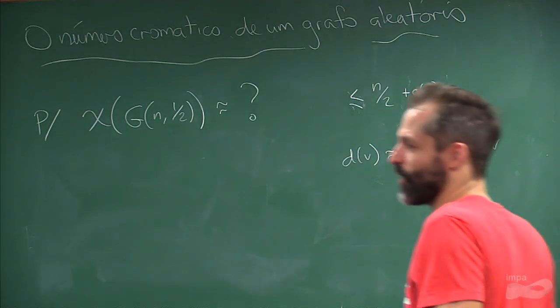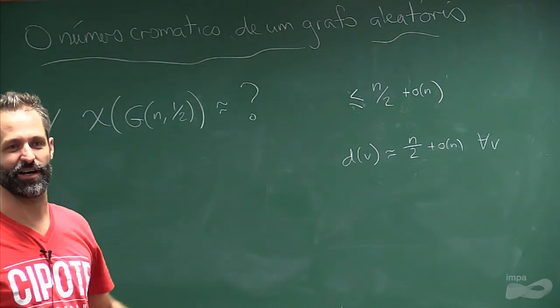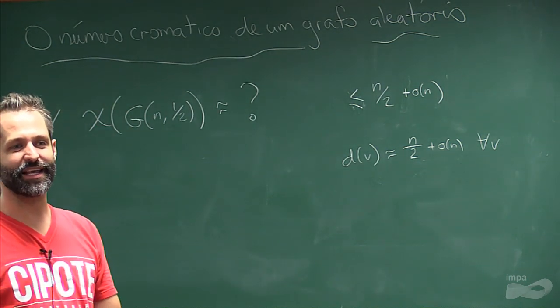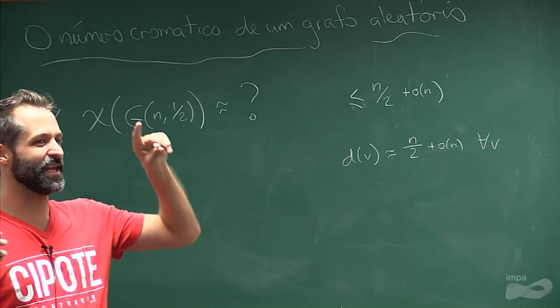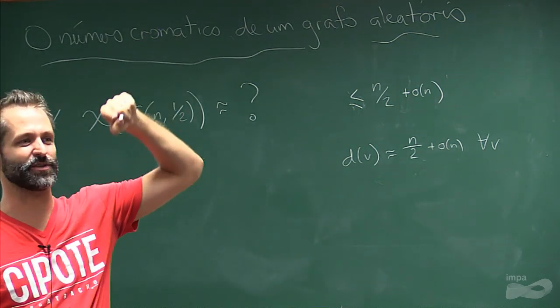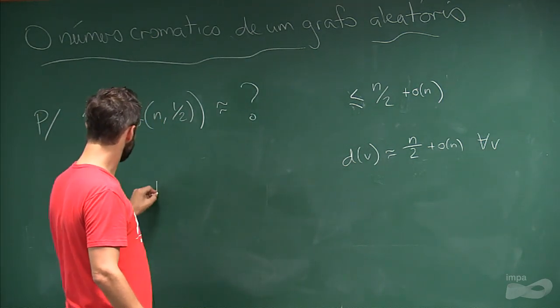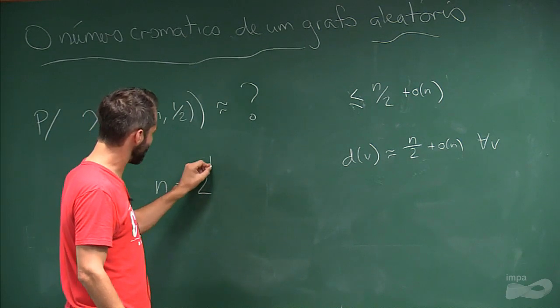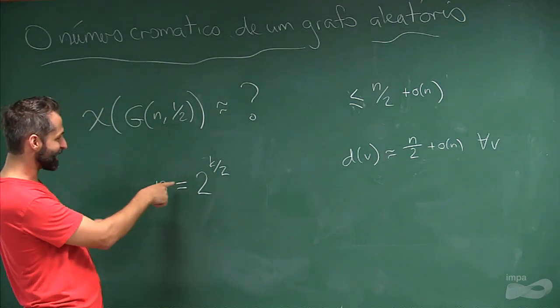Ramsey number, yeah, exactly. It's the lower bound of the Ramsey number. You color randomly red and blue, that's the same as G(n, 1/2). And the largest monochromatic clique is the largest clique. So n is 2 to the k over 2 if k is the largest clique, which means that k is like 2 log n.